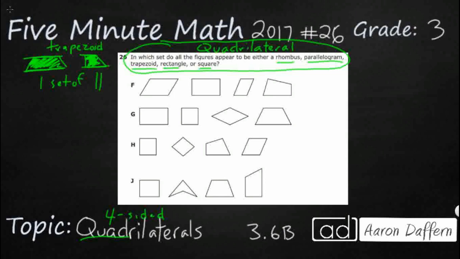So this one over here on the end of F is not quite a trapezoid because none of the lines are parallel. But we do see a good trapezoid right here on the end of G, so we're going to go ahead and mark that one off. And we don't have a trapezoid on H, that third one. It's kind of like one, but it's not quite.